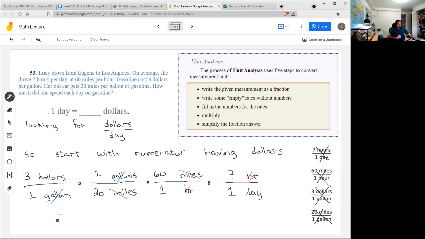Now I'm multiplying fractions. I know how to multiply fractions. I multiply the top and the bottom separately, right? The only word that's left in my numerator on top is dollars. All the others have canceled off.